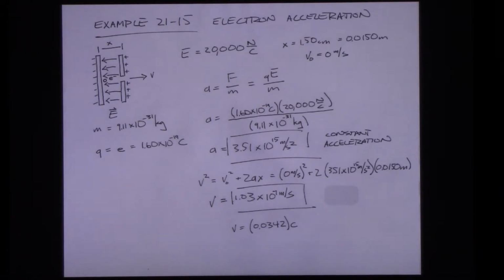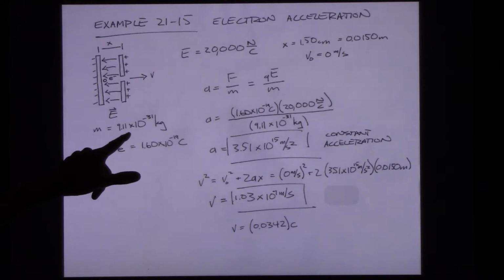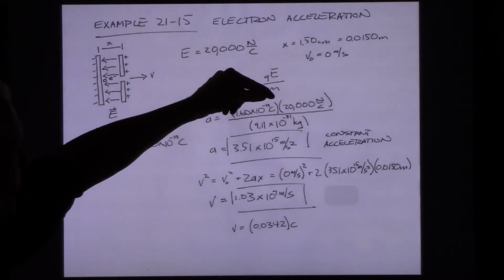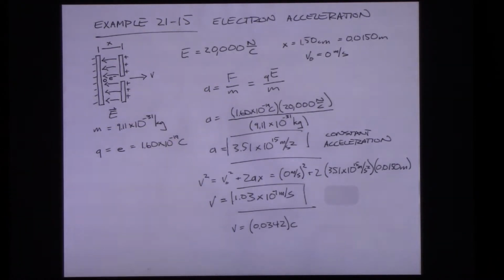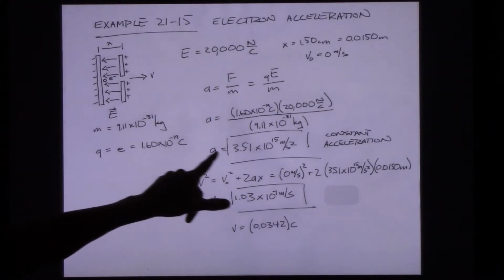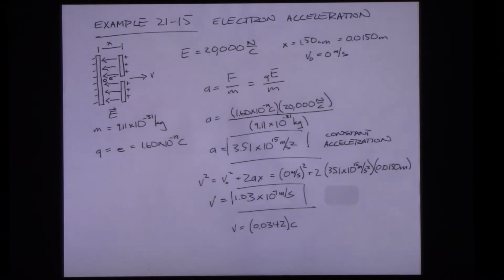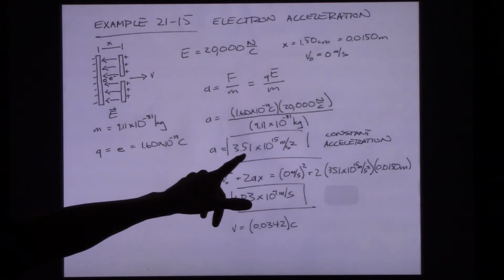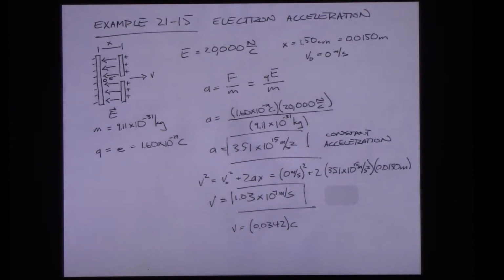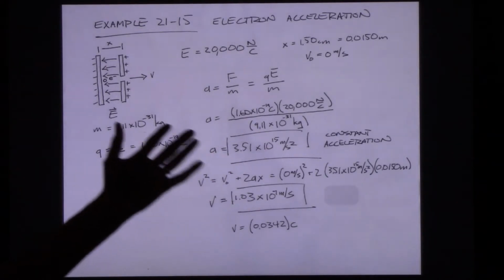But it's an electron, so the electron has a tiny mass. When we take our tiny force and divide through by the really tiny mass, we get an enormous acceleration. We saw this before. We suggested not to worry. Accelerations can be really, really large in these examples. So the acceleration worked out to 3.51 times 10 to the 15 meters per second squared.